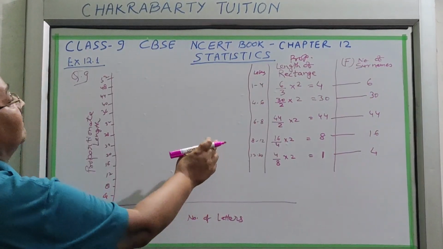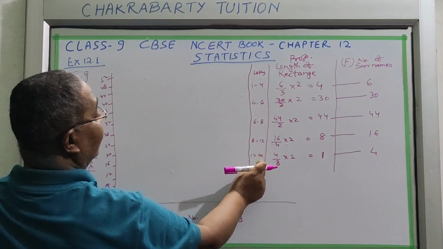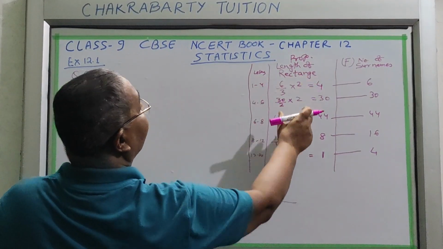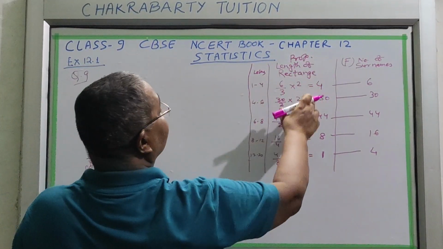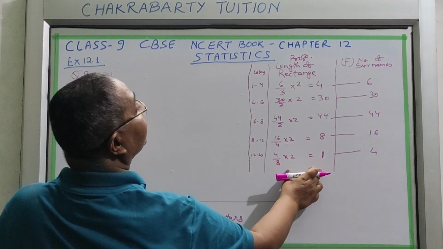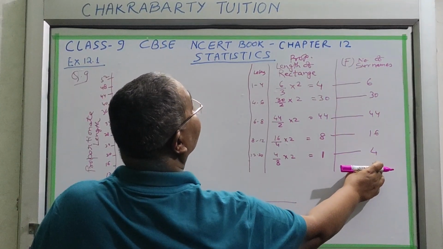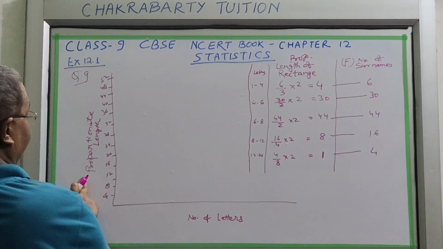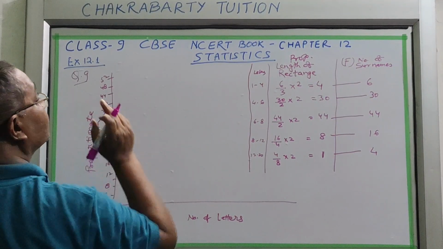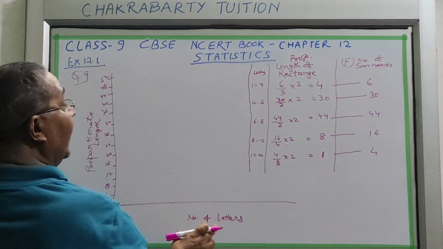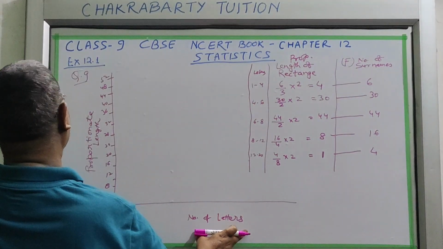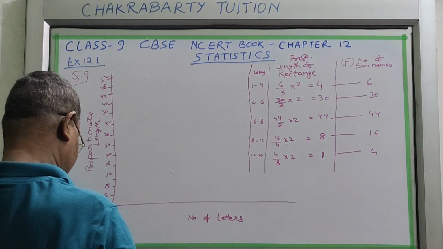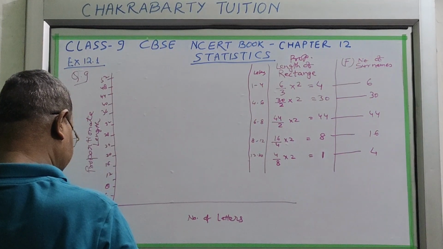Here I have written the number of letters, the proportionate length of the rectangle, and the number of surnames. So we write the number of surnames here, the proportionate length here, and the number of letters here. Okay, now we will plot it.